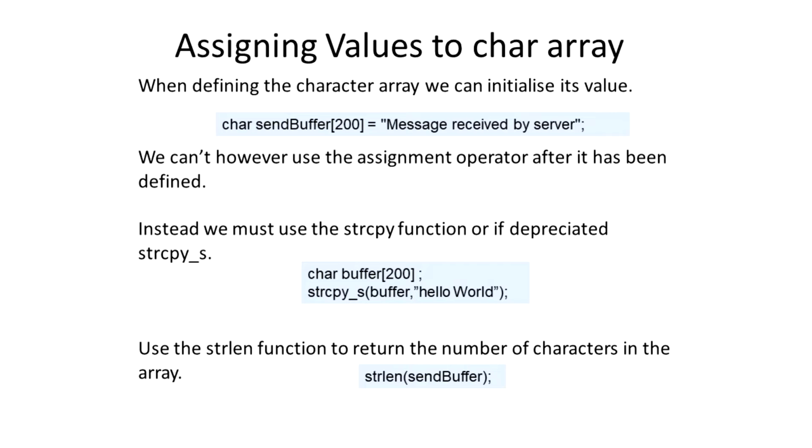Okay, but what we can do is we can use strcpy, or there's actually an alternate, newer version as well that we can use, strcpy_s, to later assign a value and then overwrite the previous value if there is one, or at least just initialize the buffer with a certain value.